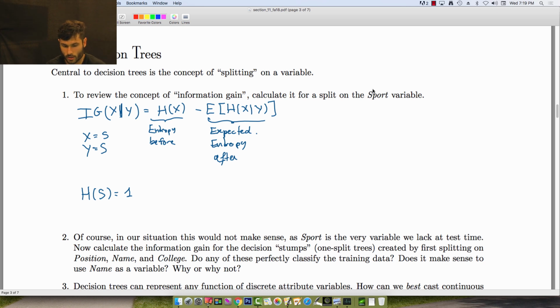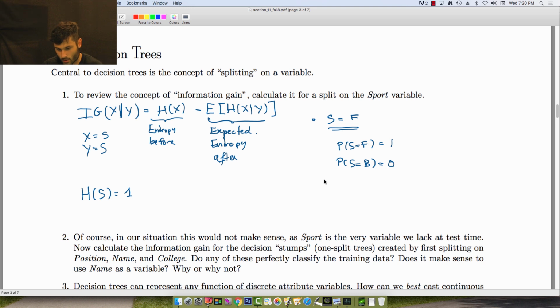If we split on this variable sport, we have two options: either sport is equal to football, and in that case the probability of sport being equal to football is equal to 1, and the probability of sport being equal to basketball is equal to 0, right?